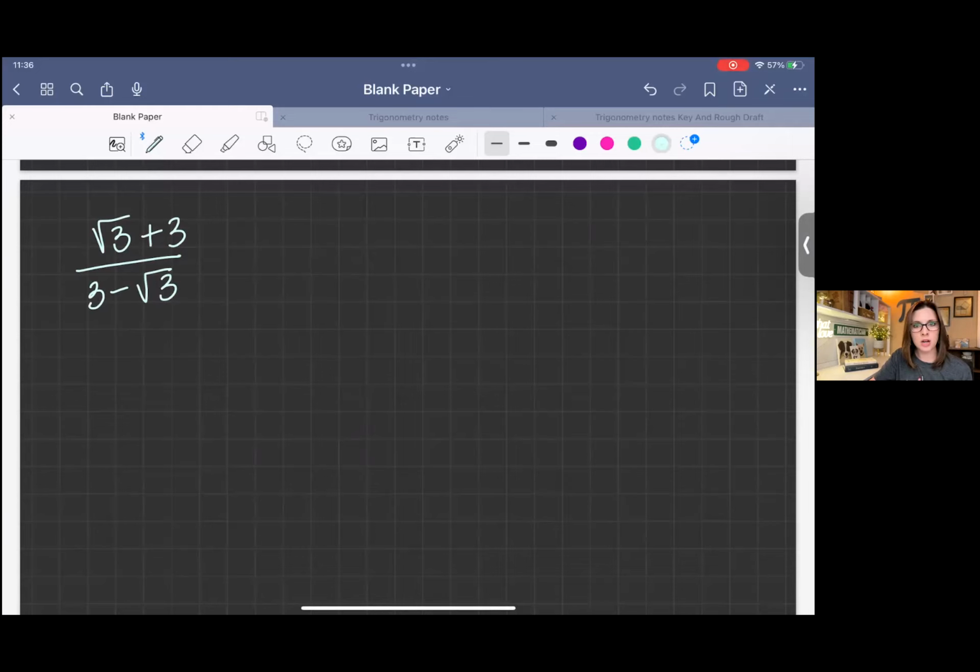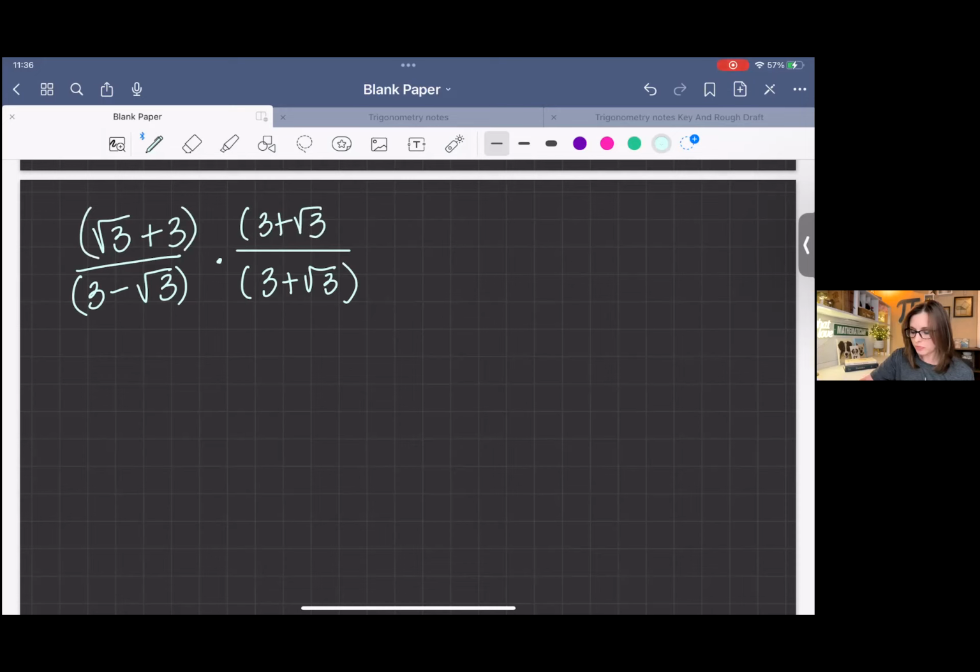To rationalize the denominator, remember we're going to use conjugates of the denominator. So the conjugate of the denominator is 3 plus root 3. And I'm going to have to multiply that on the top and the bottom to keep it balanced.